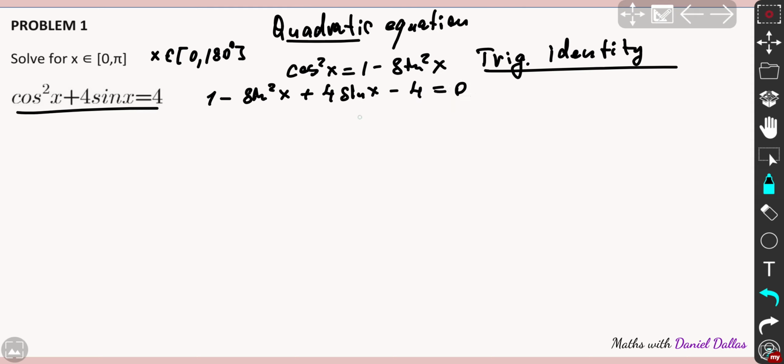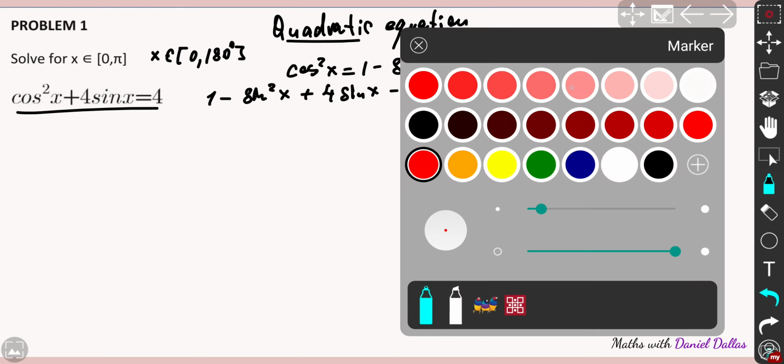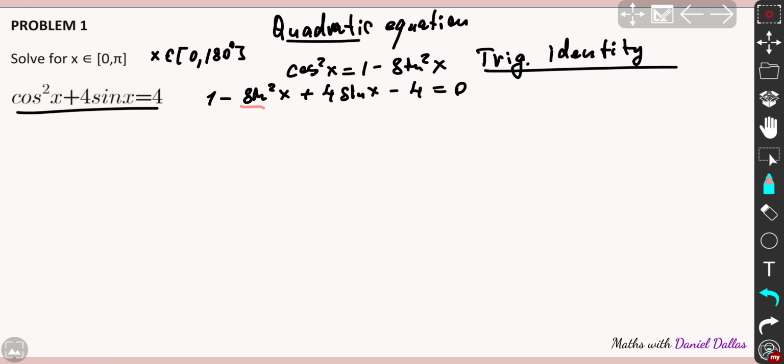Okay, so now I can see that if I introduce a new variable t for sine x, then sine squared x is going to be t squared, and definitely we will have a quadratic structure. So our t is the variable that I marked as sine x.